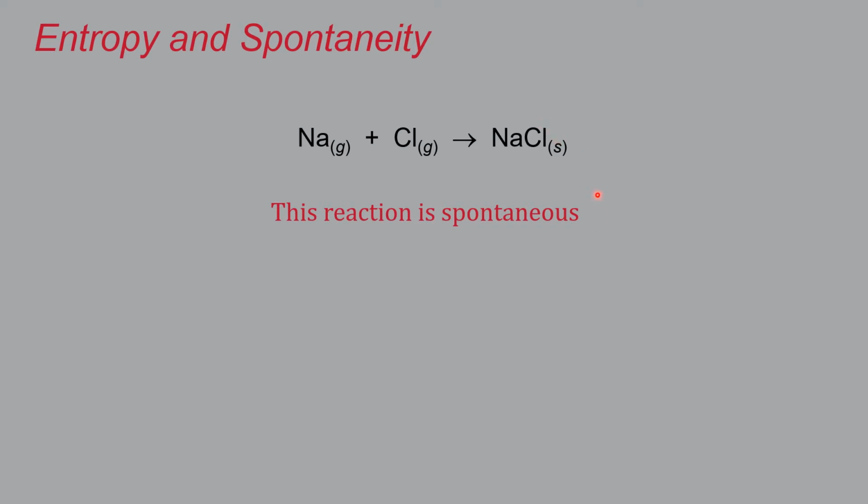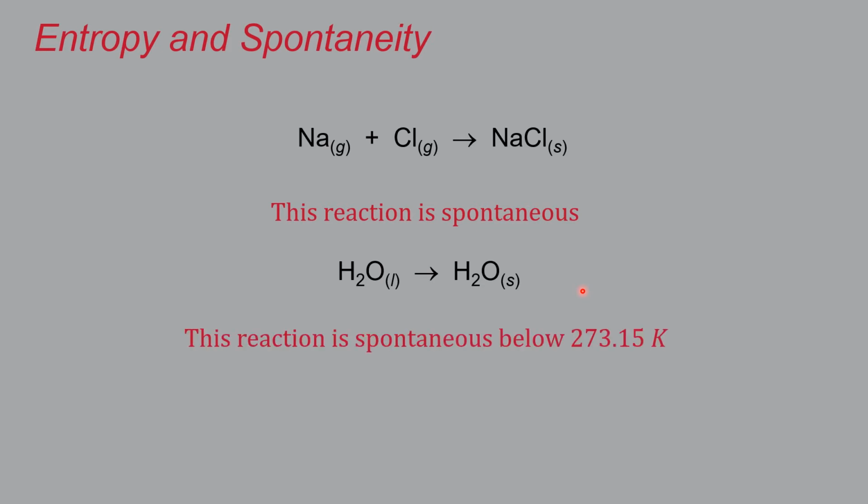So this reaction is very spontaneous and also gives off quite a bit of energy. On the other hand, liquid water will spontaneously change to solid water only if the temperature is below 273.15 kelvins.